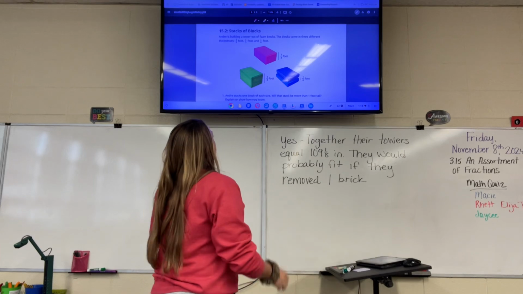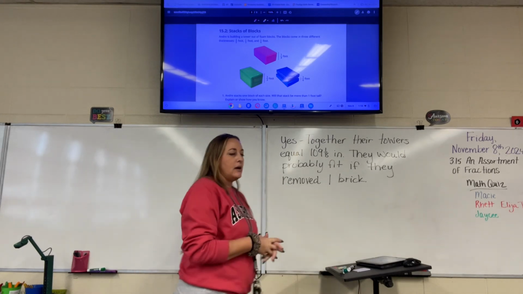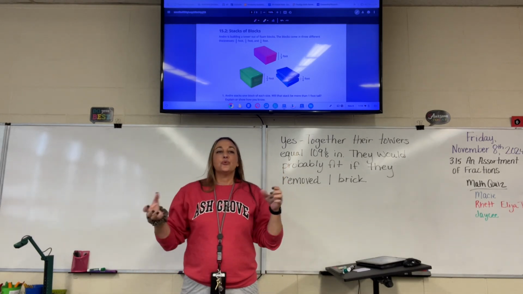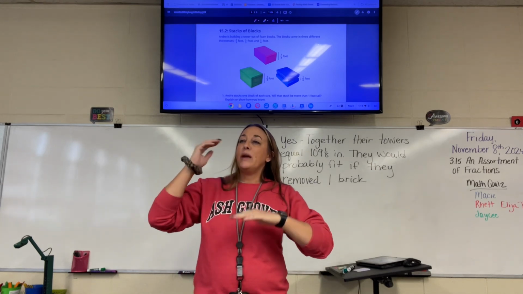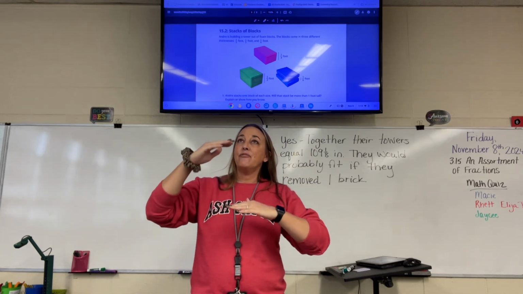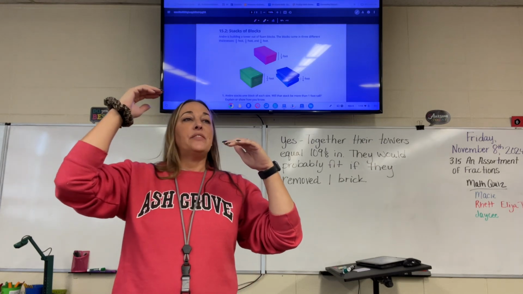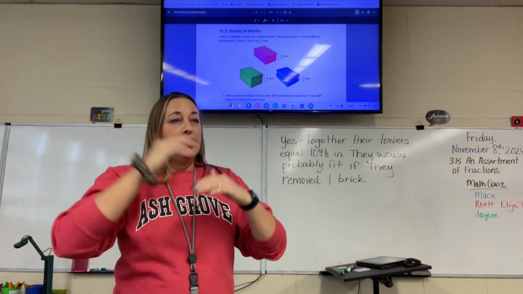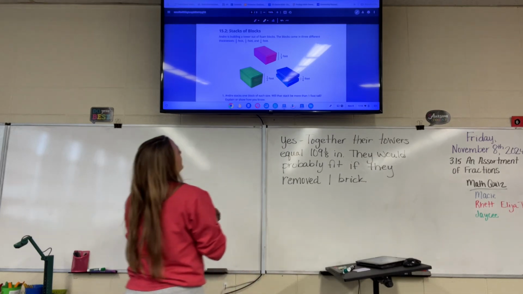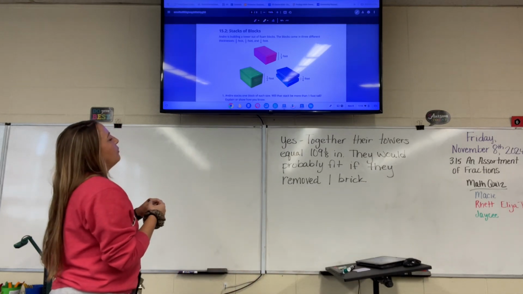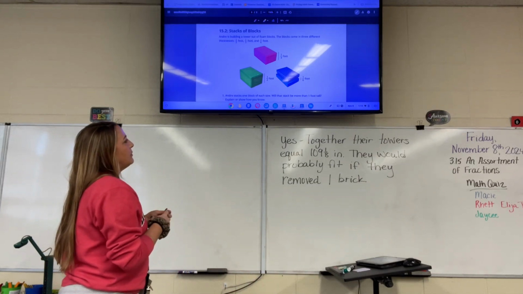And this time we're using blocks. And there's 3 different sizes. So there's a block that has a width of 1/2 foot, a width of 1/3 foot, and a width of 1/6 foot. Or not a width, a thickness, okay? So Andre stacks 1 block of each size.